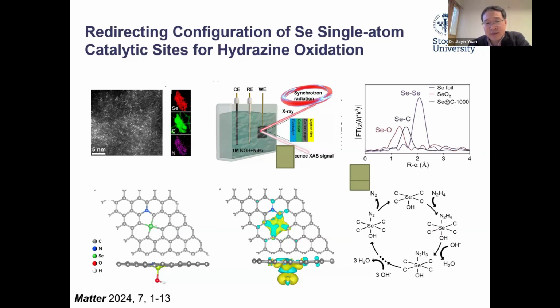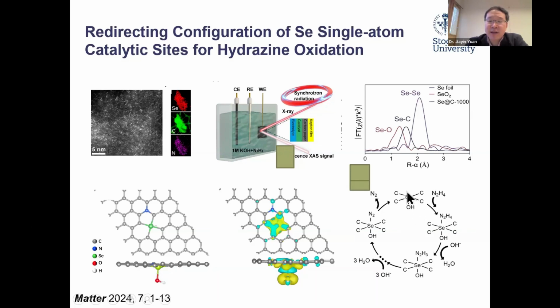And for the oxidation of hydrazine under the electrochemical environment, we further proved the mechanism. What is the atomic mechanism of how hydrazine is oxidized by the selenium-doped carbon? We observed that the selenium-doped carbon catalyst is activated by adsorption of the hydroxy group in the solution.